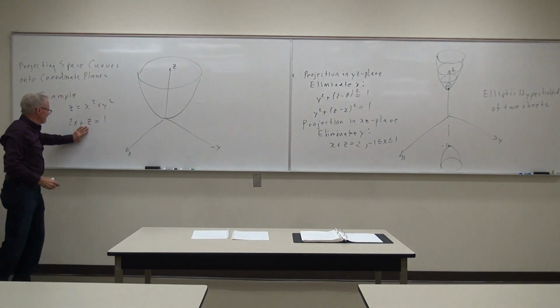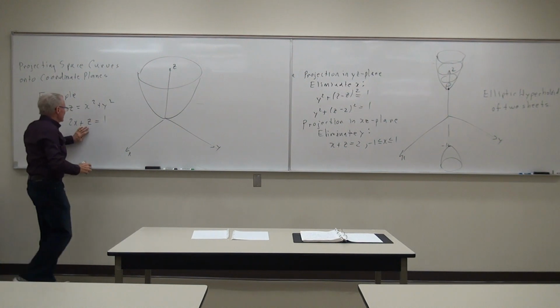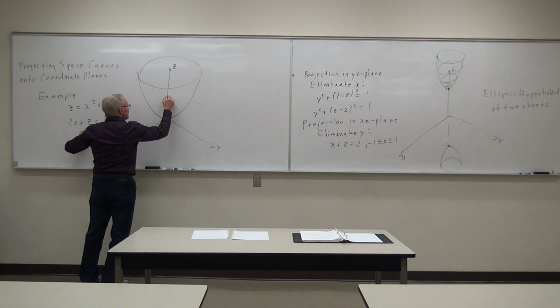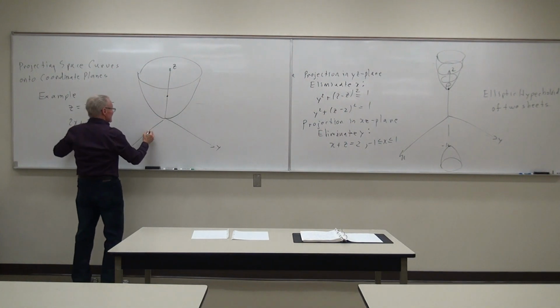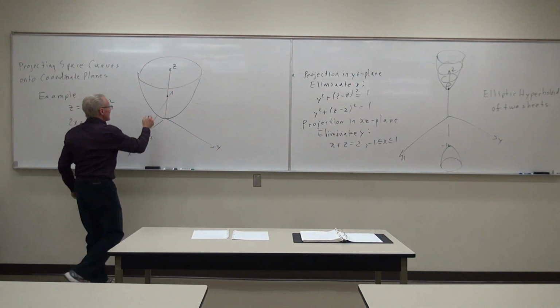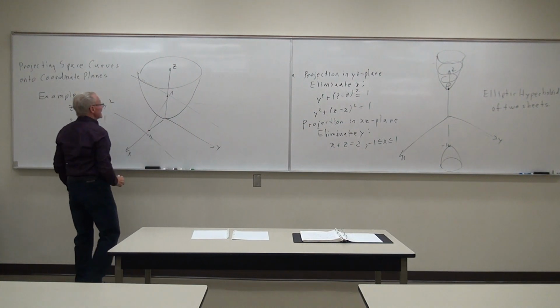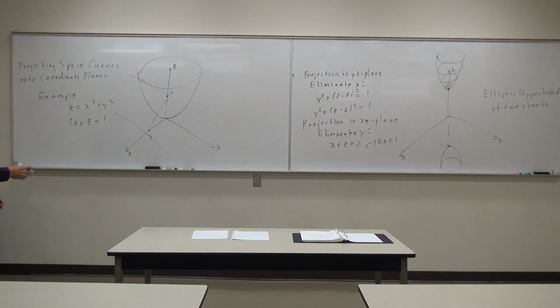2x plus z equals 1 is a plane. Draw that in the xz plane, pull it in the y direction. z equal to 1, x equal to a half, so that's 1, that's a half, join those up, pull it in the y direction to make a plane. Visualize that plane slicing through the surface, all right?